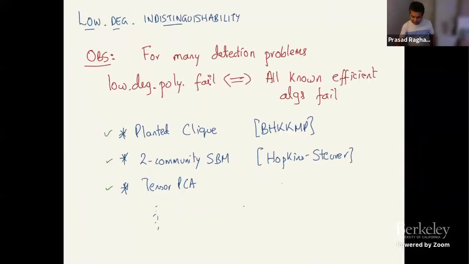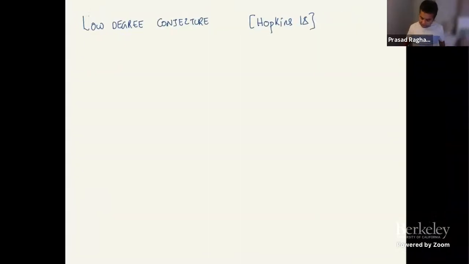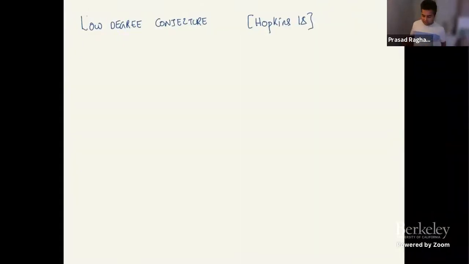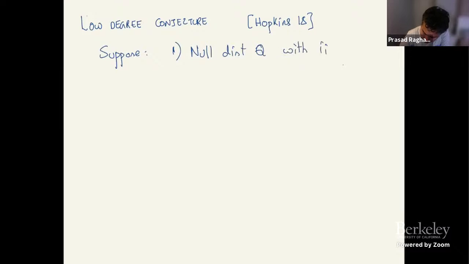Based on these observations, Hopkins made this conjecture in his thesis. I'll just write down the conjecture. It's quite a powerful conjecture. Suppose you have a null distribution Q with IID entries, like a product distribution.